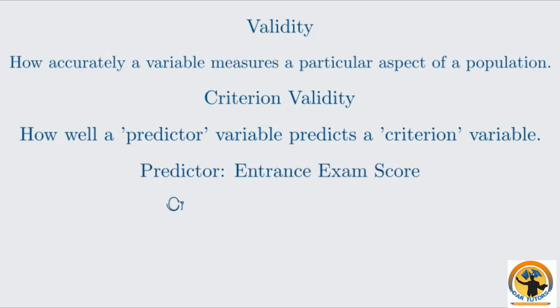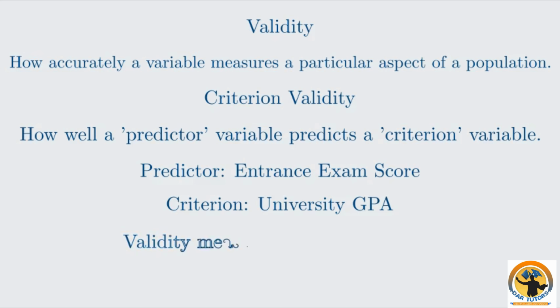To measure criterion validity, we again use Pearson's correlation coefficient. We correlate the predictor variable, in this case the entrance exam score, with the criterion variable, which could be the student's final university grade point average. A high correlation, either positive or negative, meaning R close to +1 or -1, would indicate good criterion validity.